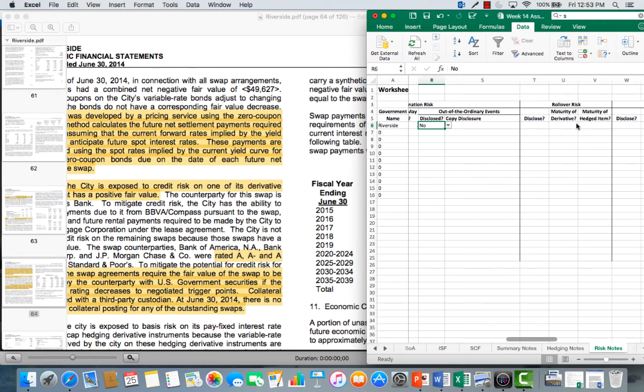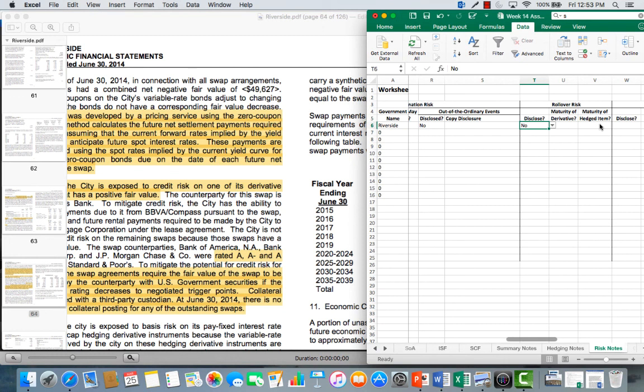The next risk is rollover risk. There's no evidence of any disclosure of that here, so we're going to say no. If they did disclose rollover risk, they would need to disclose the maturity date for the derivative and the maturity date for the hedged item.